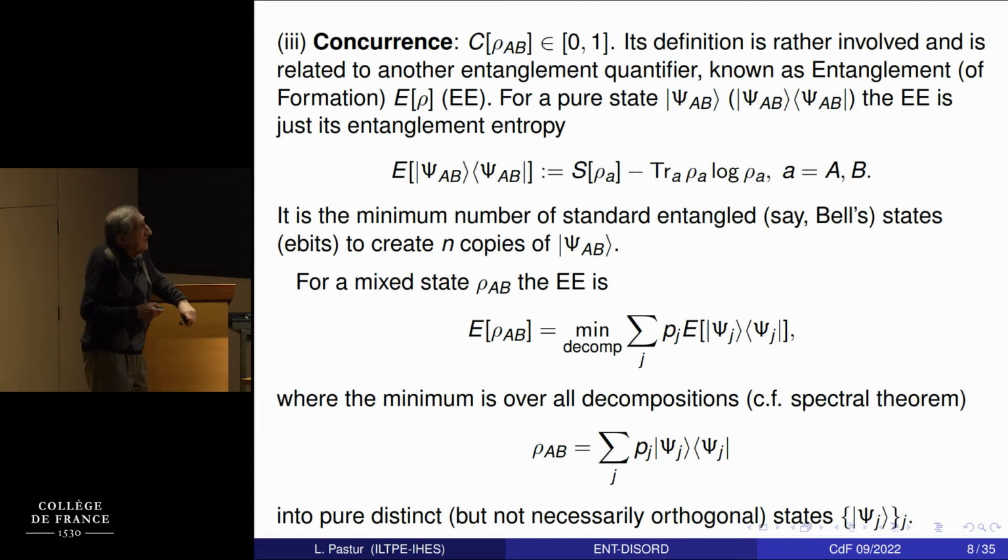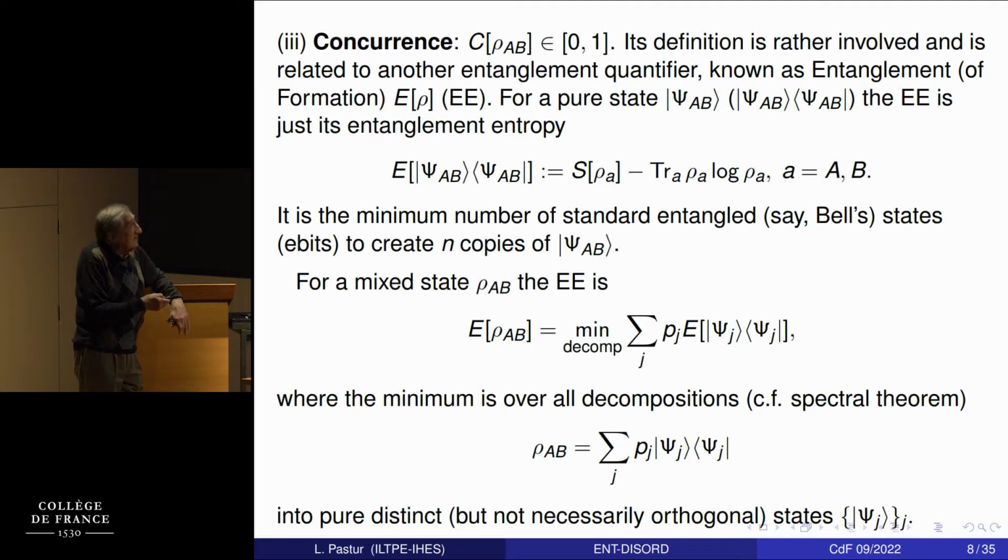If the psi's are orthogonal, it is just the spectral theorem, but we assume that they are any, like whatever the experiment will give you. So we have to write this thing, and then you have to minimize over all decompositions to purify. But the minimization procedure is quite non-trivial, and it is not always algebraic. You have to take derivatives because you have to find the minimum, etc., etc.